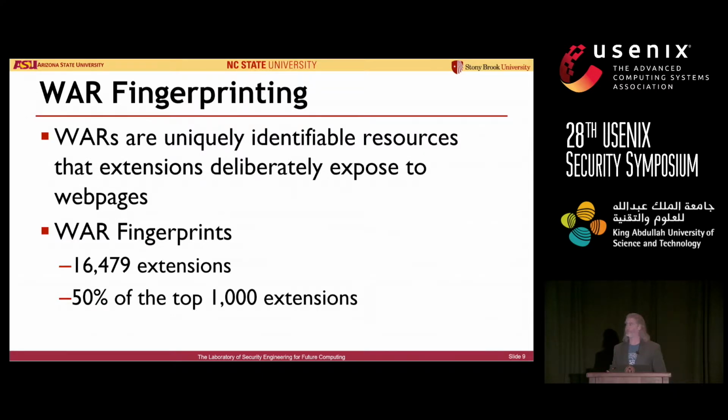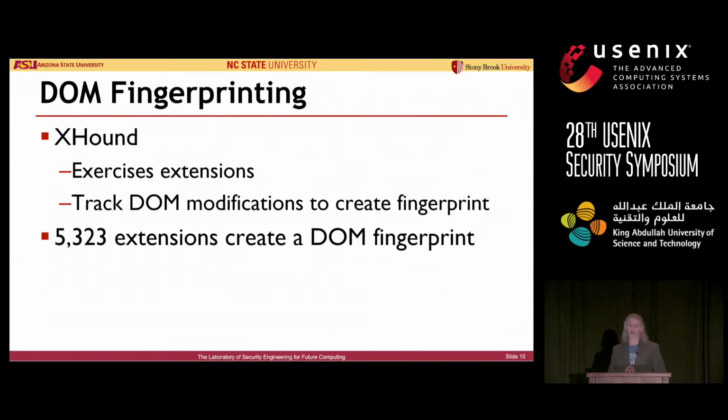In our research, we found 16,479 of the 59,000 extensions that we downloaded were detectable using web accessible resources. And 50% of the top 1,000 extensions were detectable using the same method. For DOM fingerprinting, we used XHound, which exercised the extensions and tracked DOM modifications, both with and without the extension, and was able to create a fingerprint from that.